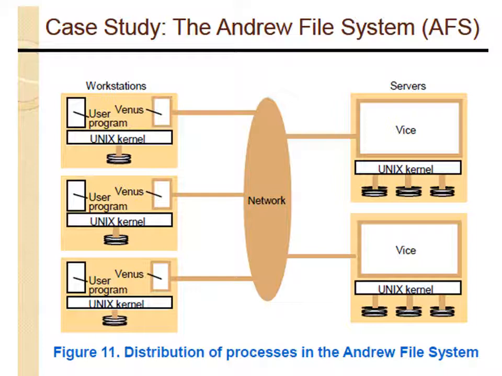So in each workstation we have three things: the user program, the Venus software and the Unix kernel. These workstations are connected to the network, and on the server side we have the Unix kernel and the Vice software. The Vice software is dedicated to the server, and the Venus software is dedicated to the workstations which are connected to the network in the Unix operating system.